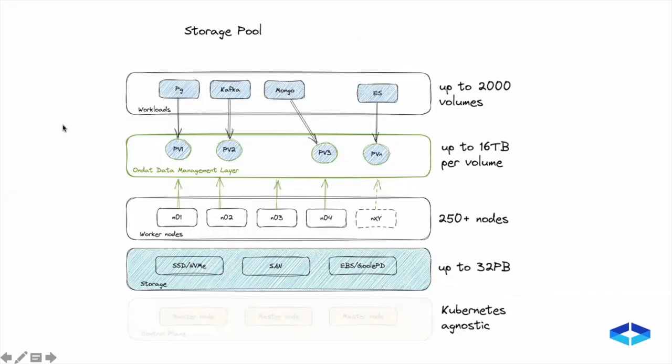Now, how does that look in terms of the data services, or in terms of where and how we place data? Well, we take those nodes that are, for instance, our workers in Kubernetes, and we use commodity hardware to treat them as a disk array.